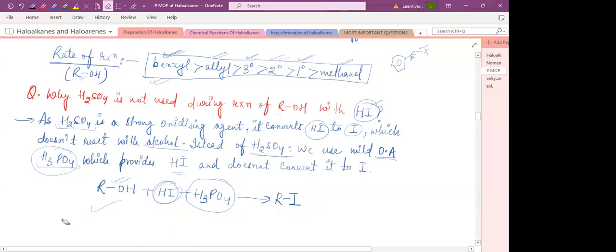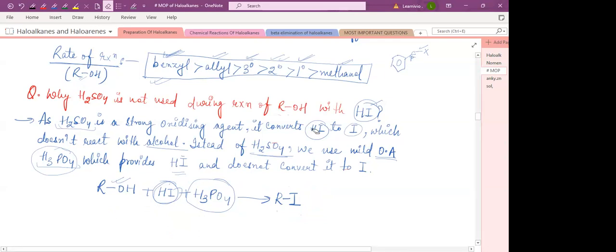Okay, so just remember that when you are taking HI, don't take H2SO4 along with HI, because H2SO4 is a strong oxidizing agent. It can easily convert this HI to I2 only. And I2 doesn't react with the corresponding alcohol to give the corresponding alkyl halide, alkyl iodide in this case.